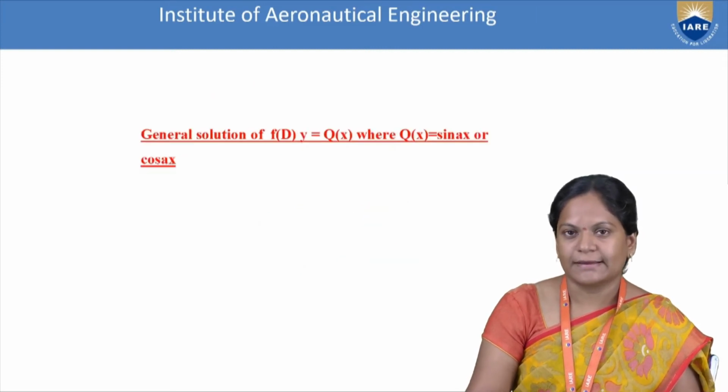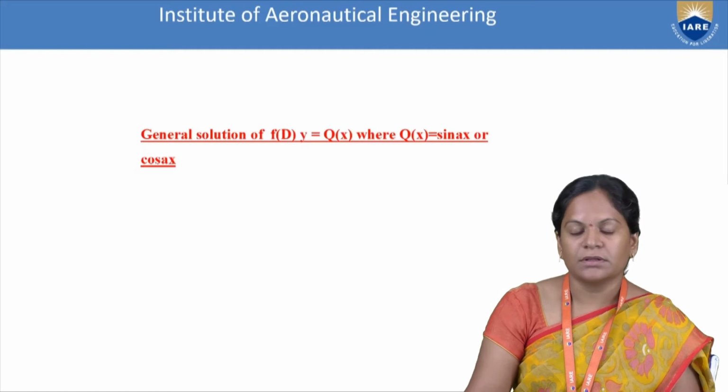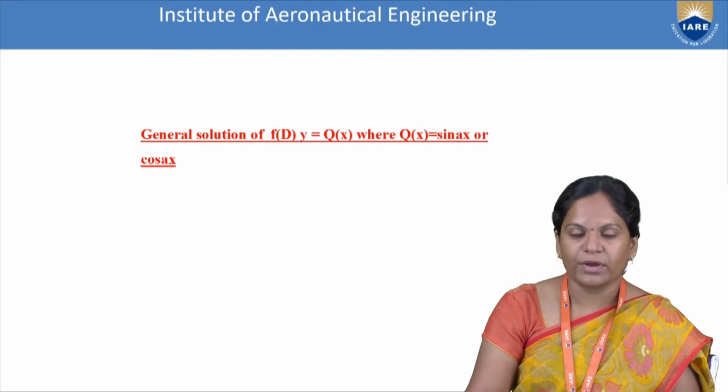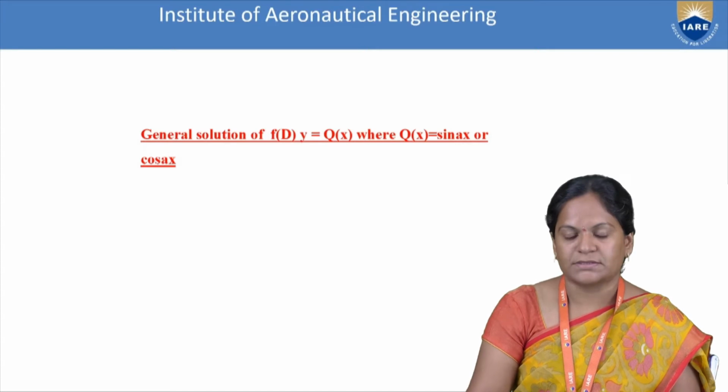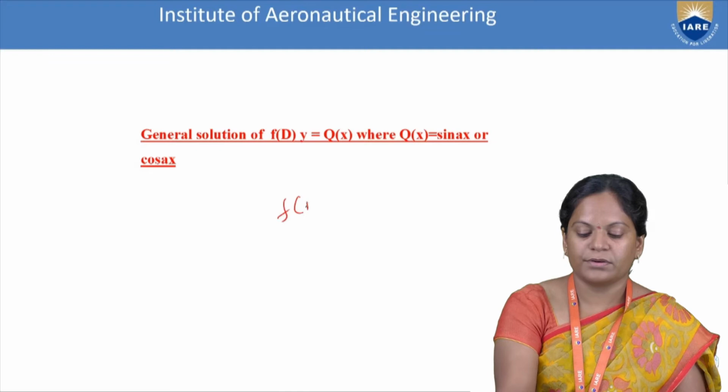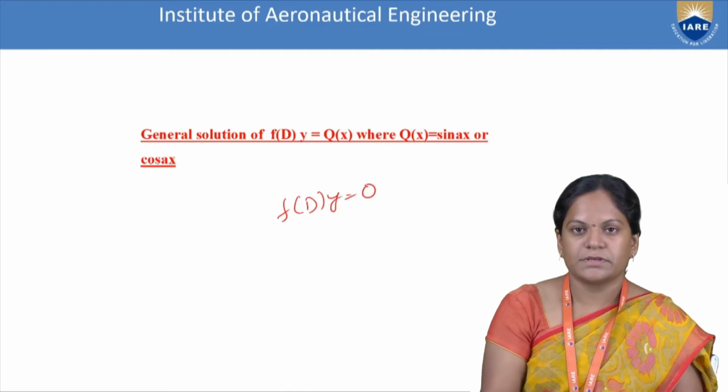Now, in today's class, we will discuss the solution of the linear ordinary differential equation with constant coefficients where Q(x) is either sin ax or cos ax. Already we know how to find the complementary function. What is a complementary function? It is the solution of f(D)y = 0.